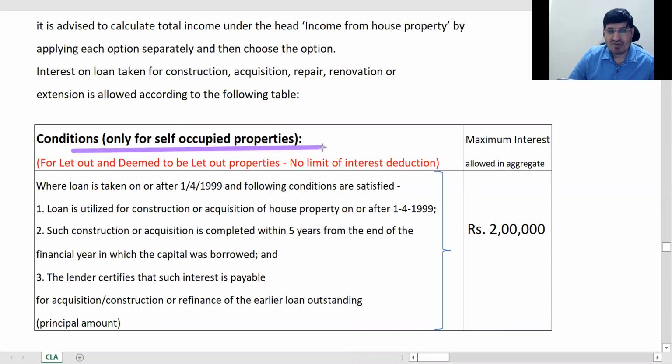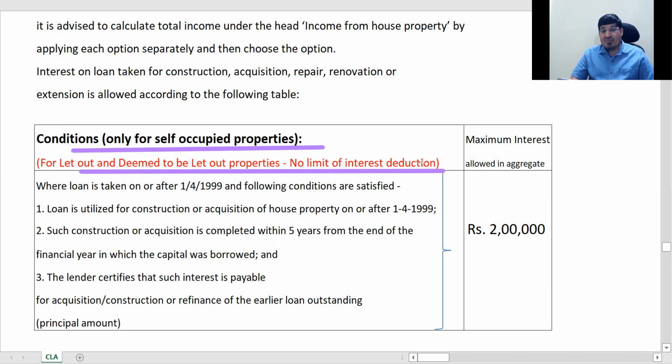This is only for self-occupied property. Okay. So for let out and deemed to be let out, there is no limit of interest deduction. Reason being that see, if government is earning revenue from you, then it is allowing your expense. Any real expense you are making, the government will allow you, because it is now charging tax from you, right?